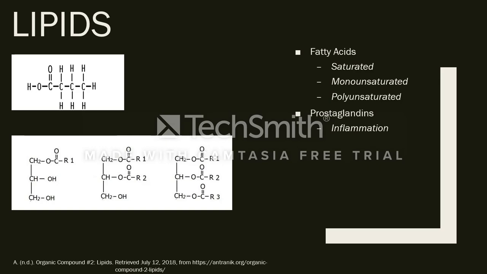Whenever a cell is injured or suffers any type of trauma or the cell membrane is disrupted, when this phospholipid membrane gets damaged, a chemical process then converts some of these phospholipids into prostaglandins, okay? So these prostaglandins are essentially one of the main chemicals that cause inflammation.